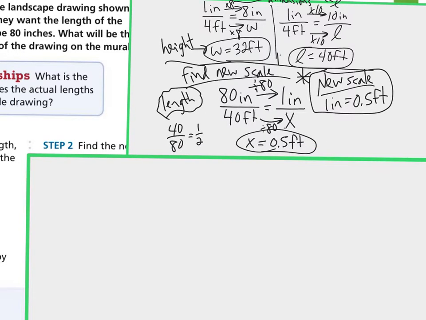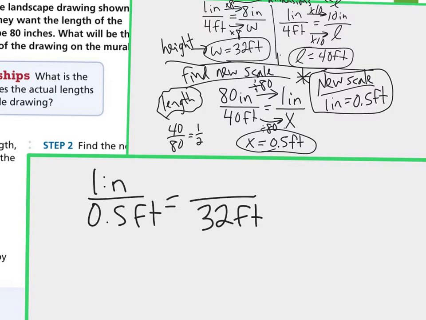So from there we can just do a proportion. So 1 inch is 1/2 of a foot. And then we're going to try to figure out, remember our actual height was 32 feet. We're going to try to figure out what height we need to make this. That's going to be proportional to that by using this scale.